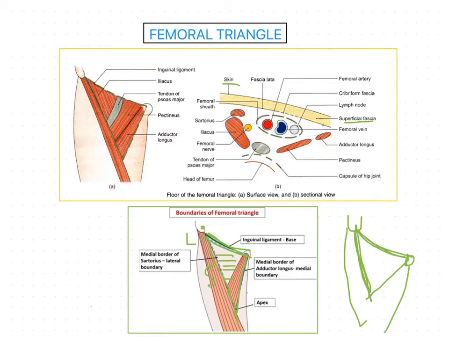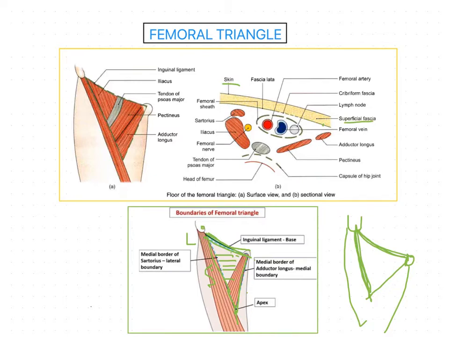Okay, in the superficial fascia, what are the structures we have discussed? All the structures which are related to the upper 1/3 of the thigh are going to relate with this femoral triangle. What are the structures? Just think of it. They contain superficial inguinal lymph nodes, the femoral branch of the genitofemoral nerve, branches of the ilioinguinal nerve, and superficial branches of the femoral artery.